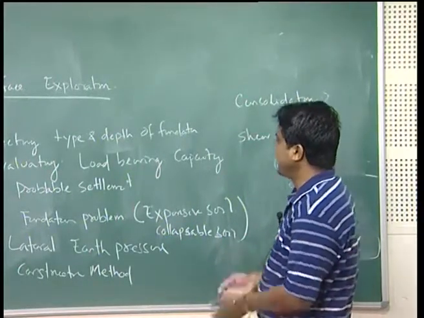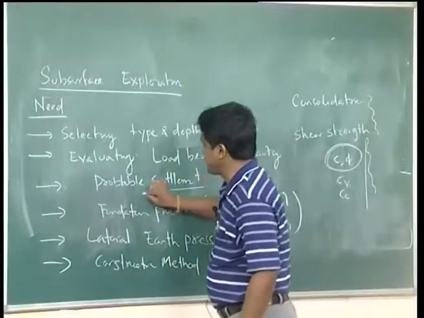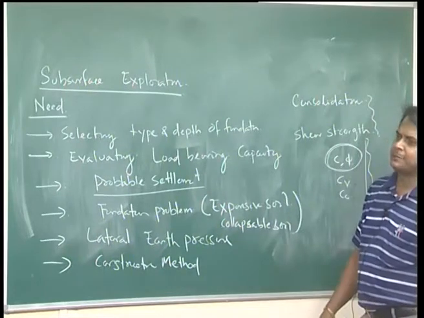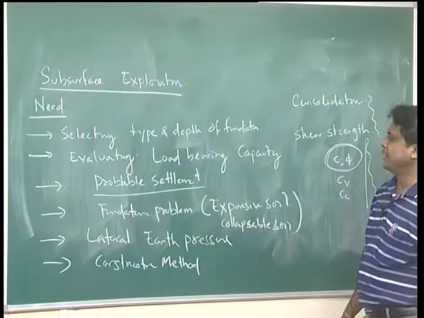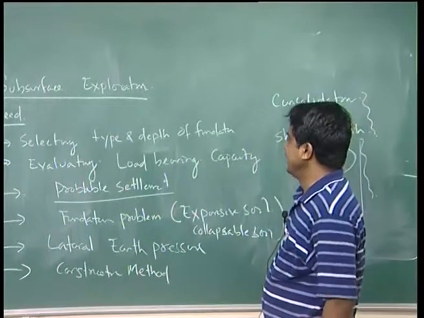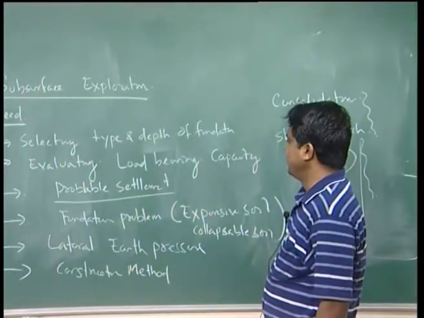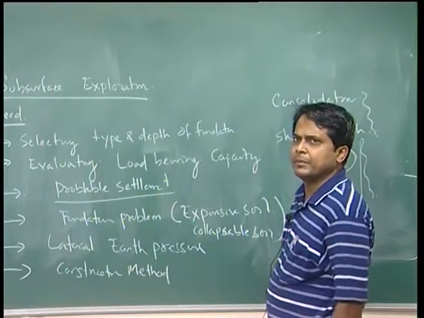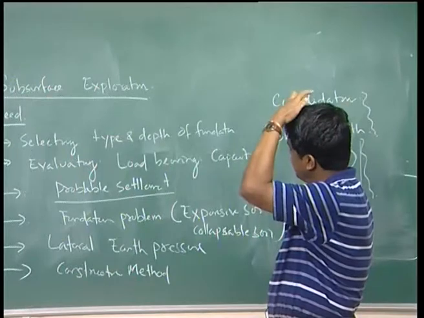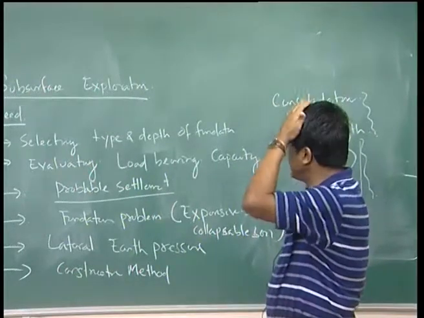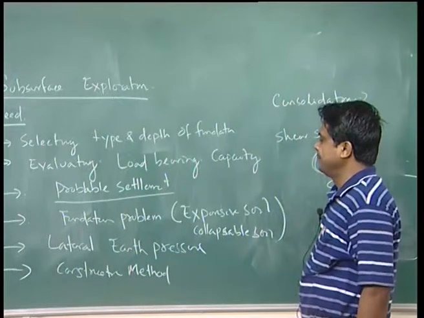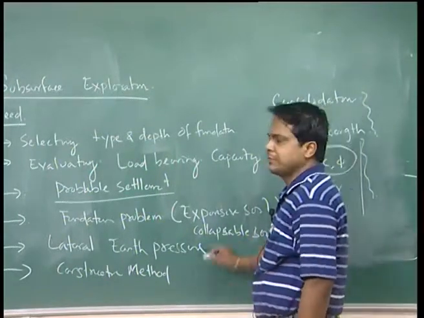Then what is the probable settlement, or you can say expected settlement over a period, say maybe 5 years, 10 years, 20 years, over this design period. Then is there any foundation problem? That means, is there any expansive soil or collapsible soil? Then what is the lateral earth pressure?